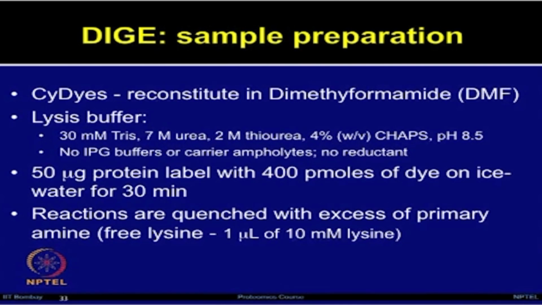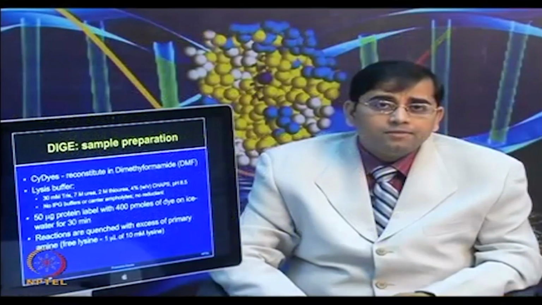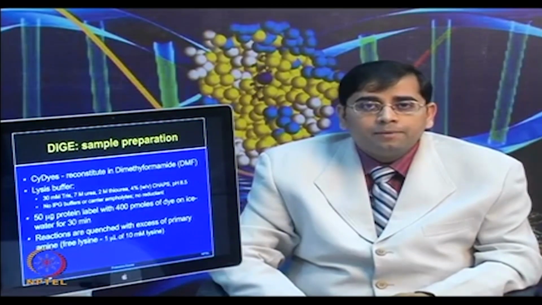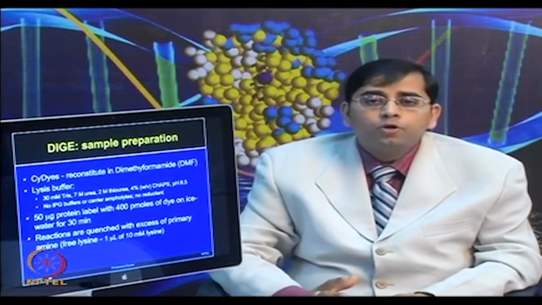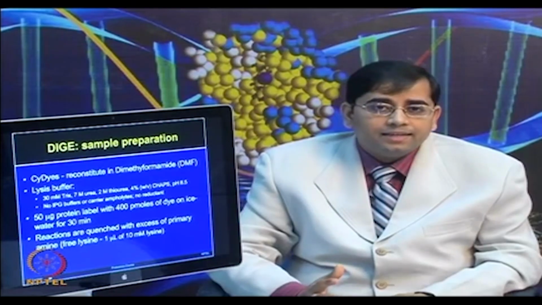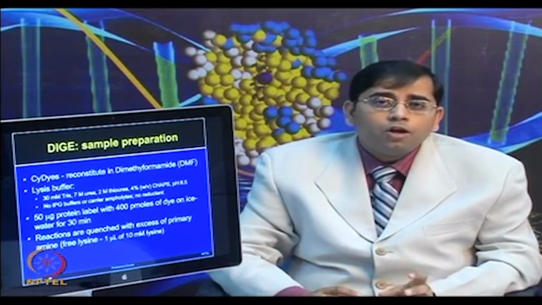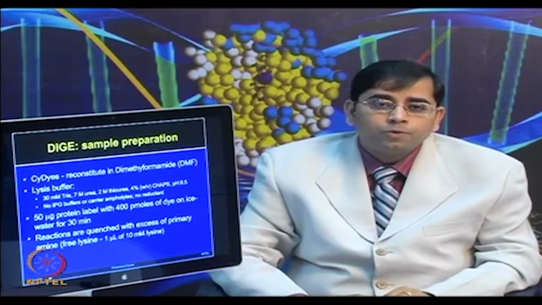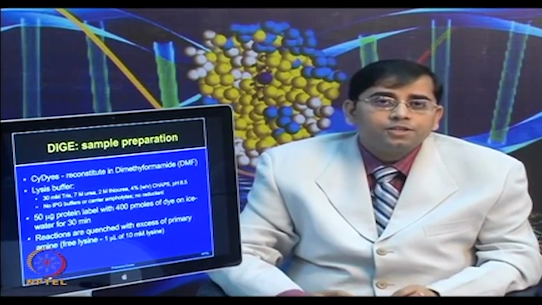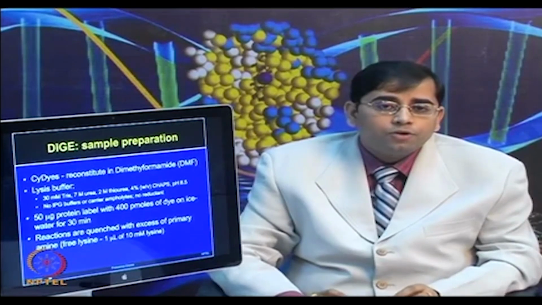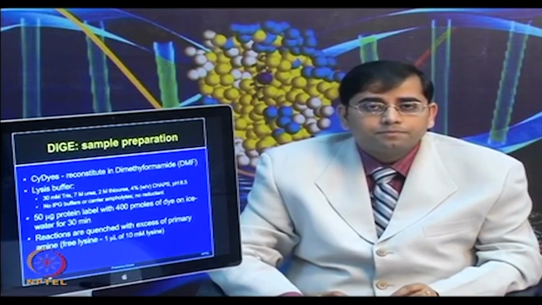Please make sure there is no IPG buffer or carrier ampholyte, and no reductant added in this lysis buffer. Since you want to perform minimal labeling, you need to add only 400 picomole of Cy dyes to a small amount of protein, 50 microgram, and the reaction should be performed on ice for half an hour.